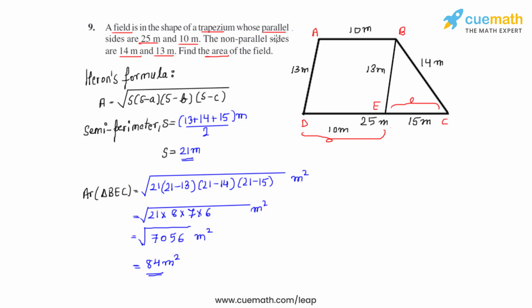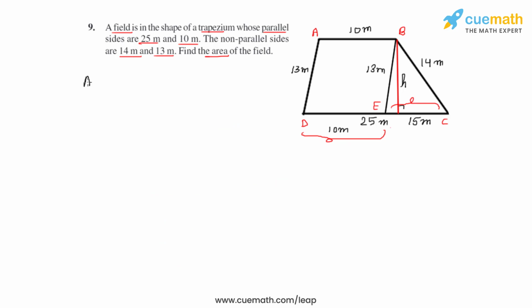Now that we have found the area of triangle BEC, we can find its height h, which is perpendicular to the base EC. This height h is also the height for the parallelogram ABED, so we will be able to find the area of parallelogram ABED as well. So let's start finding the height. The area of triangle BEC can be found using the formula half into base into height, where EC can be the base and h the respective height.